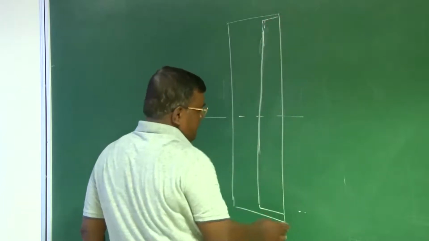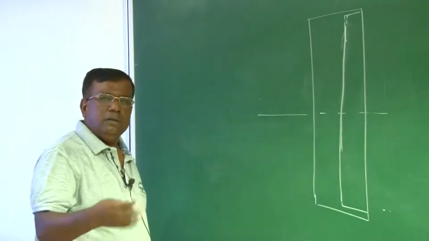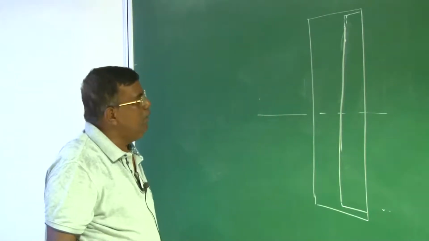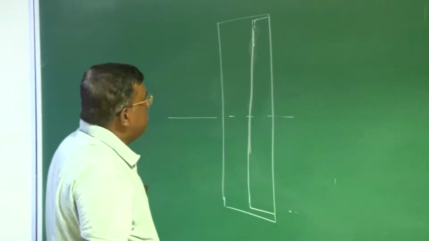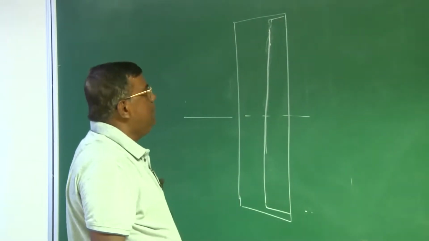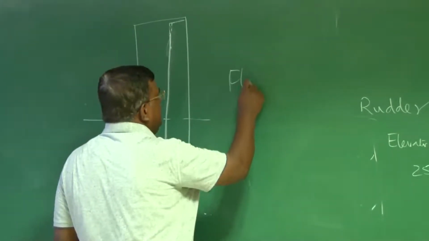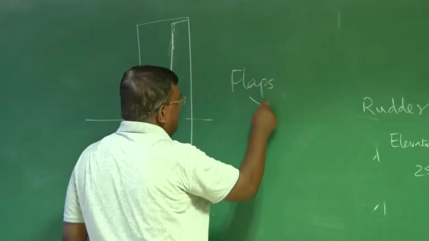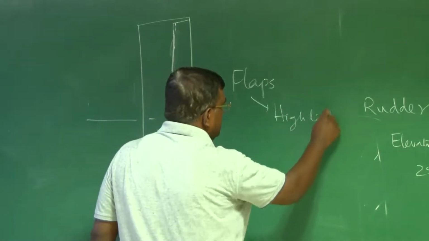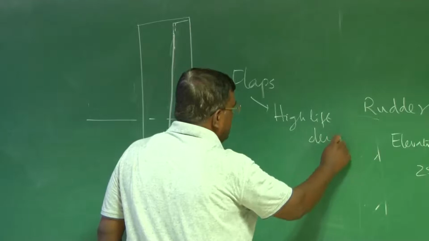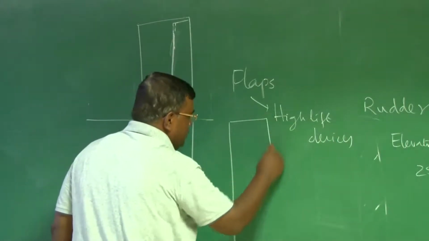This percentage is again not used because there are tip stalls, the vortices will be there, so effectiveness may not be good. But you will also remember you need to have space for flaps, which are high lift devices, right? So then your wing layout changes.